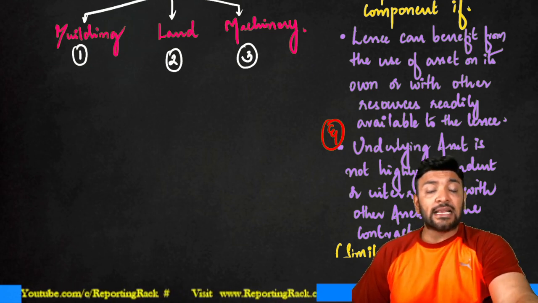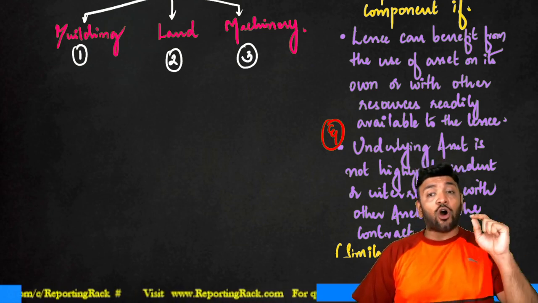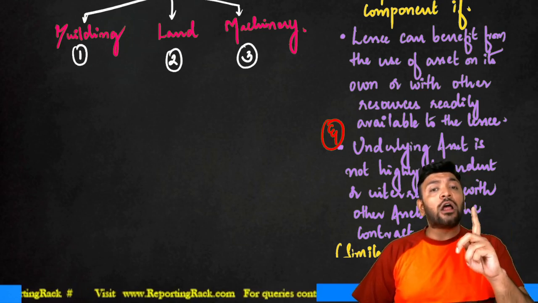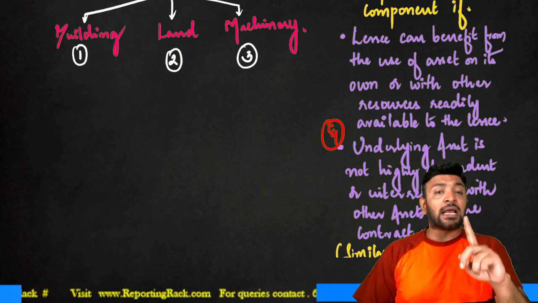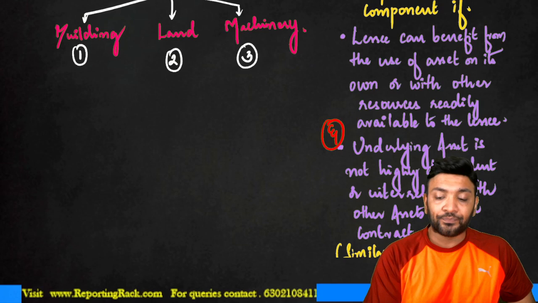Now that we have written this sentence, write the other way also. If either of these two conditions, or any of these two conditions, are not satisfied, then all the assets in the contract should be considered as a single lease component under IND AS 116.